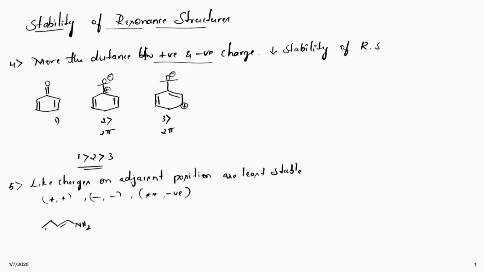NH2, double bond. Again, NH2, here double bond, negative charge, here positive charge. Coming to the next one, NH2, here negative charge, here positive charge, and here double bond.